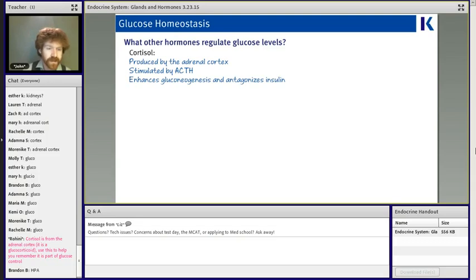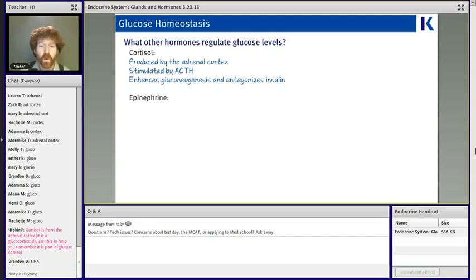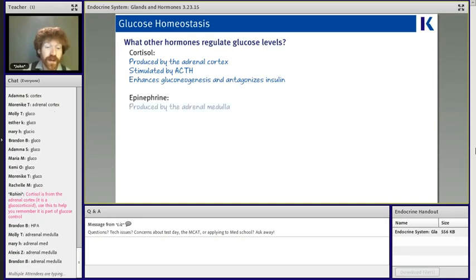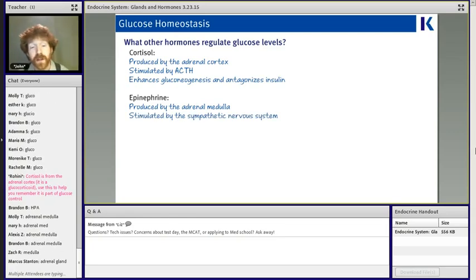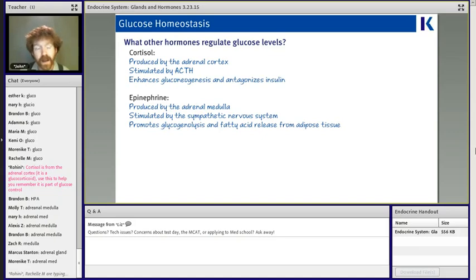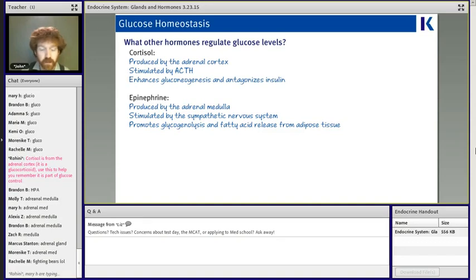Cool, nice, cool. Epinephrine. Where's that one released from? Nice, the adrenal medulla. Totally true. So it's released by the adrenal medulla. It's your whole sympathetic nervous system, right? Fight or flight. If you get, once again, an allergic reaction, sometimes we'll use EpiPens to basically stop the allergic reaction from killing you.